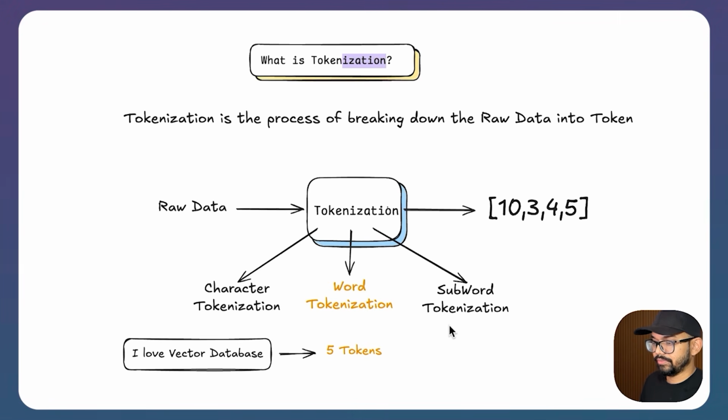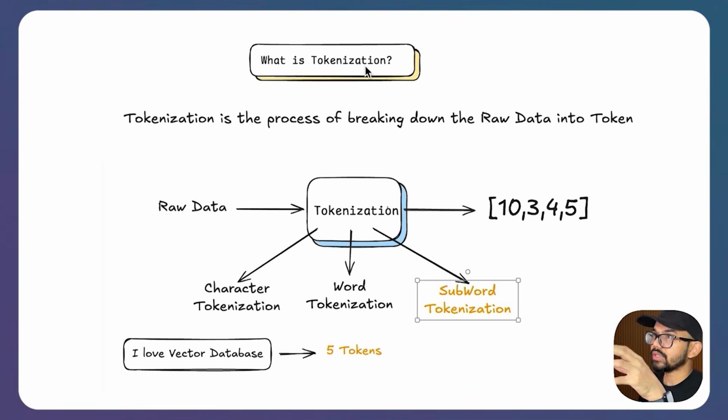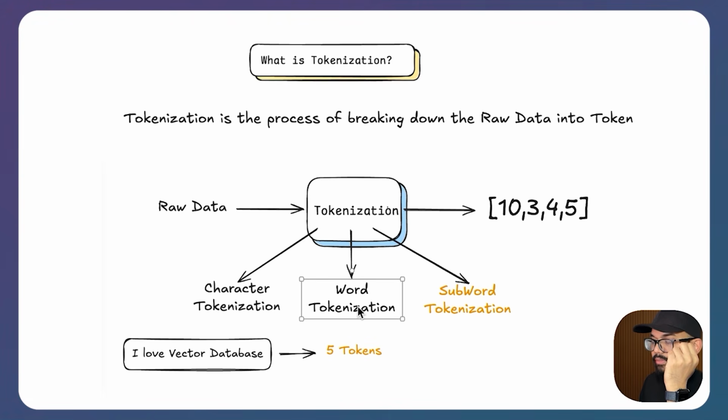So if you consider the subword tokenizer, it optimally breaks words down into smaller words so as to reduce the number of tokens. We could have used the word tokenizer, but the problem with it was that every word would be treated as a unique word.